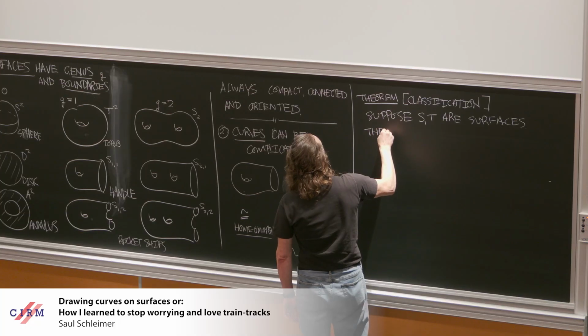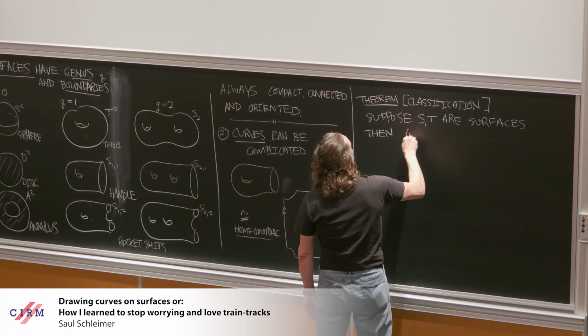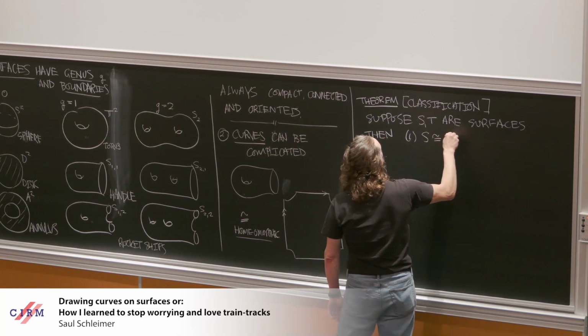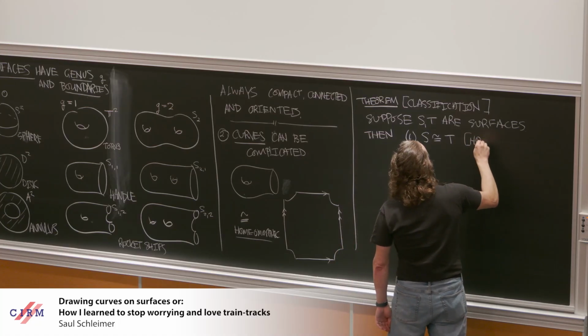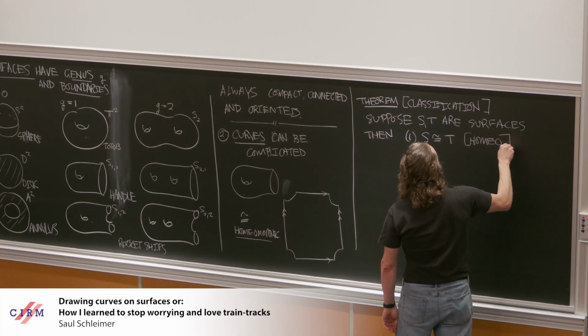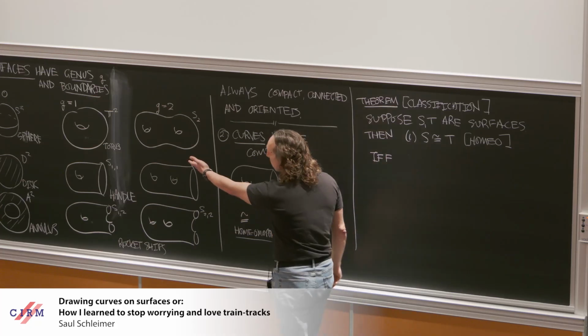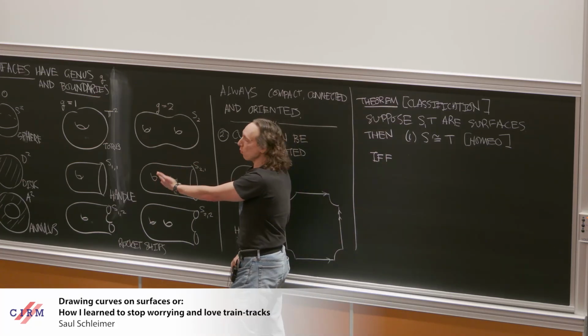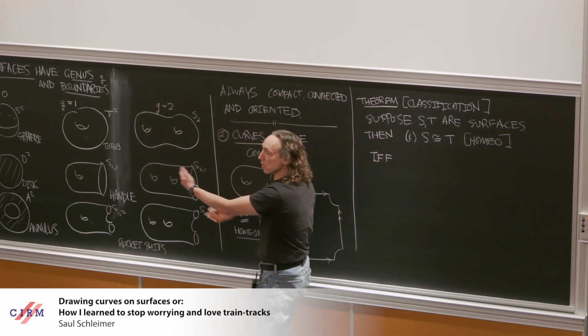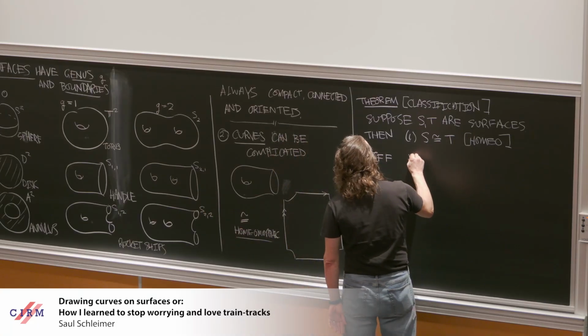Then S is homeomorphic to T if and only if. Well, so my diagram here is kind of suggesting the only thing that you really need is to know the genus and the number of boundary components.